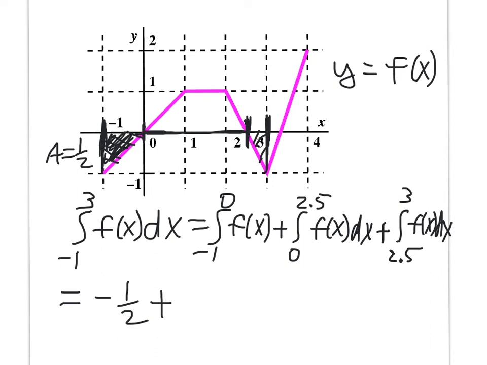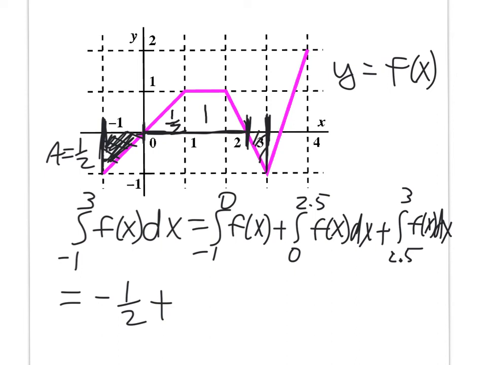Then the next part, all is above the x-axis, so area will represent the positive definite integral. And we end up with what there? Okay, this area will be 1/2. Then we have the square, which would be 1.